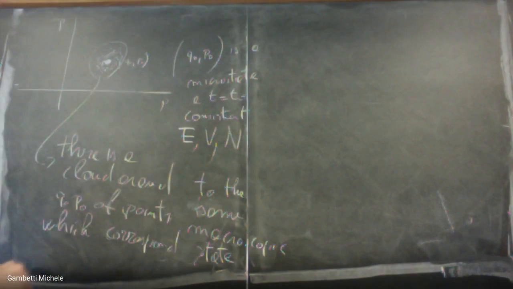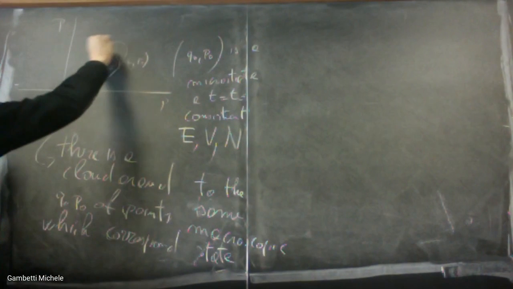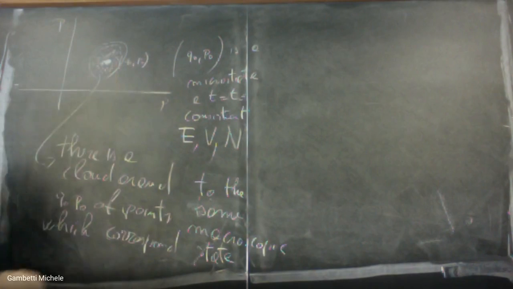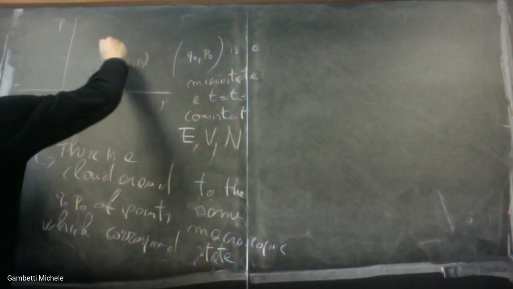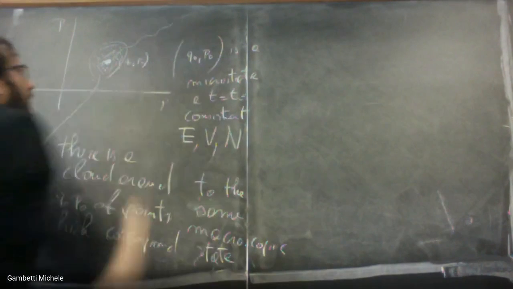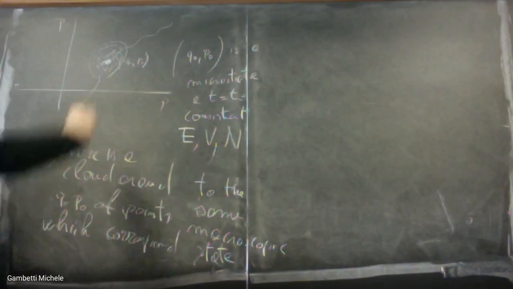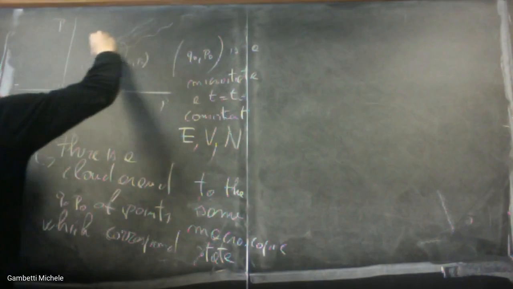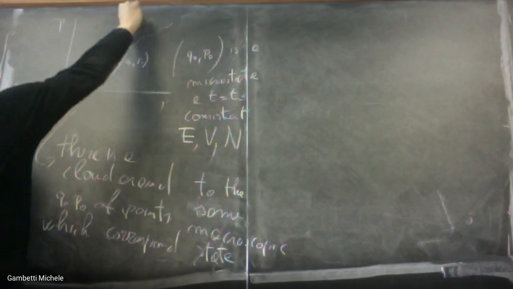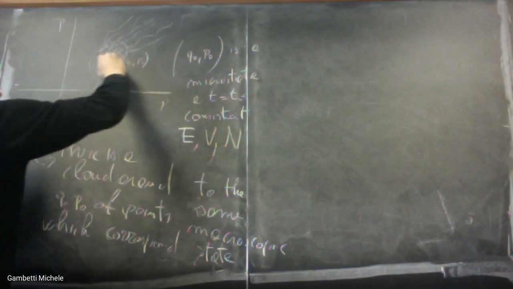And of course, all of these points of this cloud will evolve in time following the Hamiltonian evolution. If Q0, P0 evolves through this trajectory, all of these points will evolve in a similar fashion once I solve the Hamilton equations.